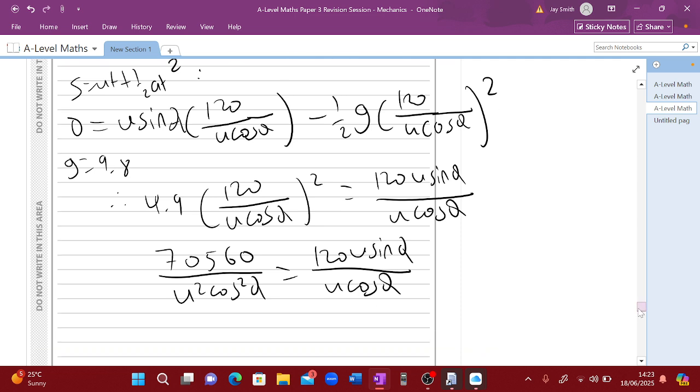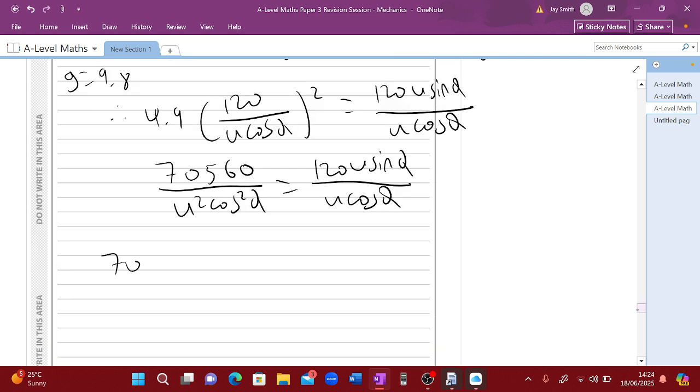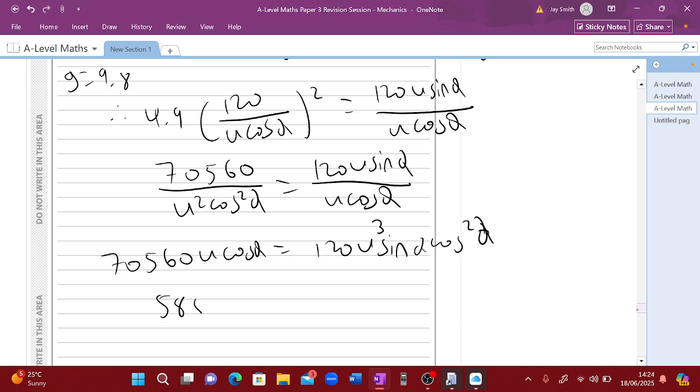Then I could cross multiply, right? So I could say 70560 u cos alpha equals 120 u cubed sine alpha cos squared alpha. Then let's divide by 120, so you get 588.